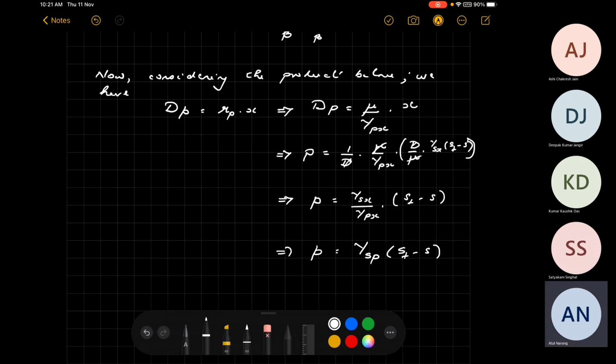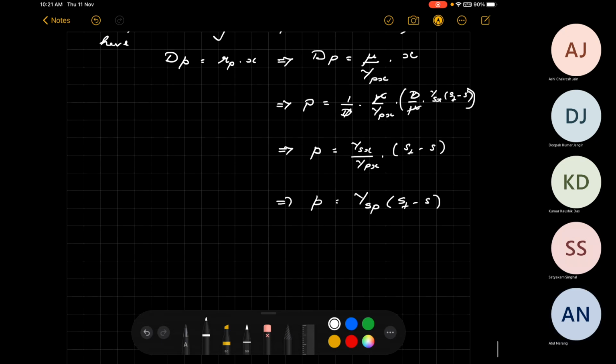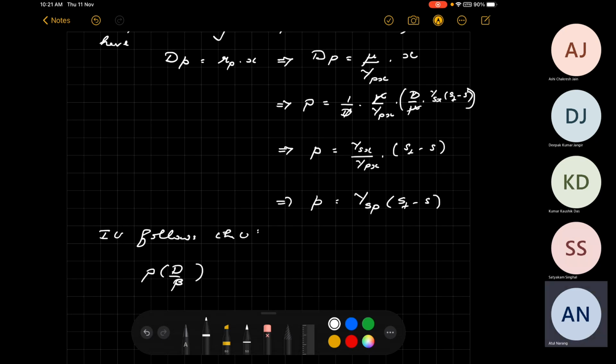Now, this implies, it follows that P at D over beta is equal to Y_SP multiplied by (S_F minus S) at D over beta.